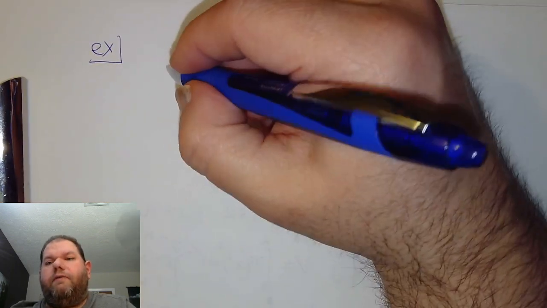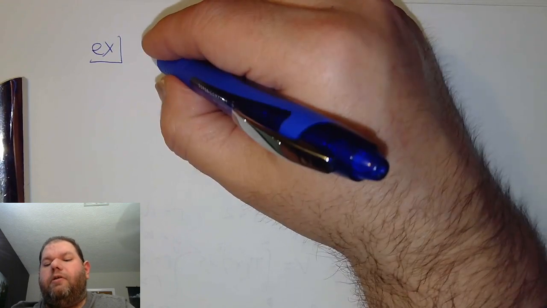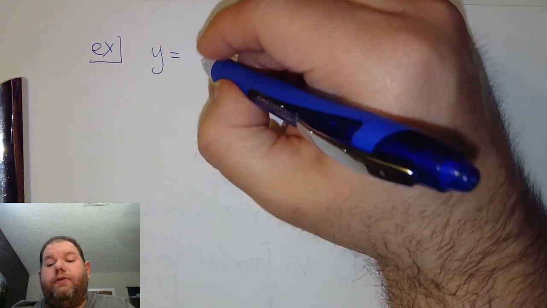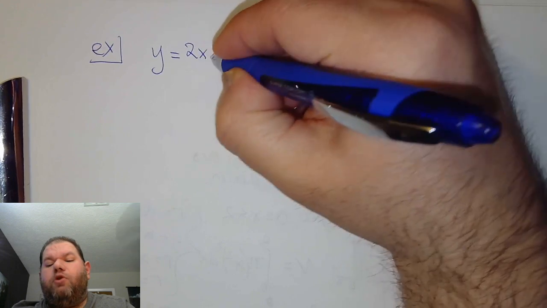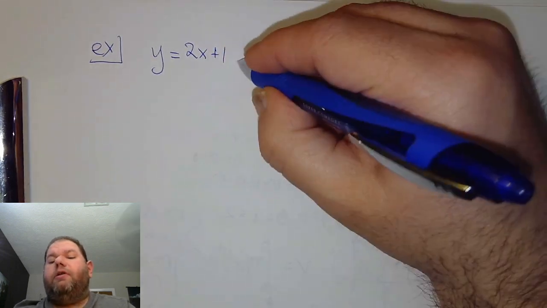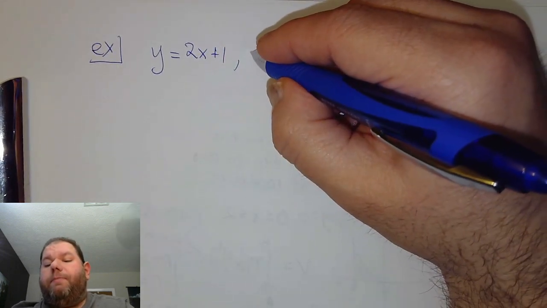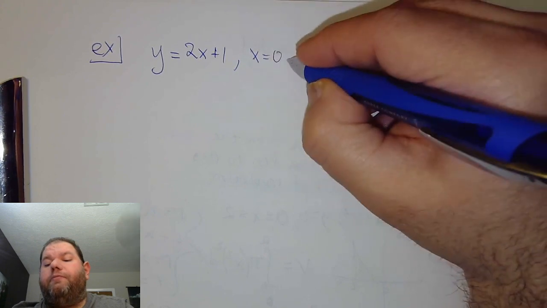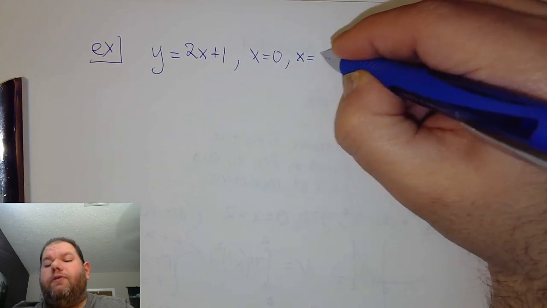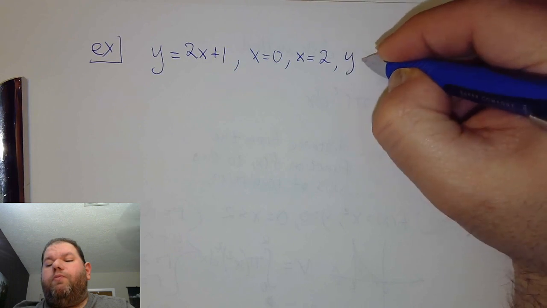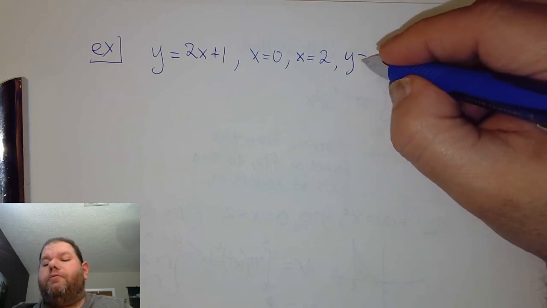Let's say we have the line y equals 2x plus 1 with boundaries x equals 0, x equals 2, and y equals 0.